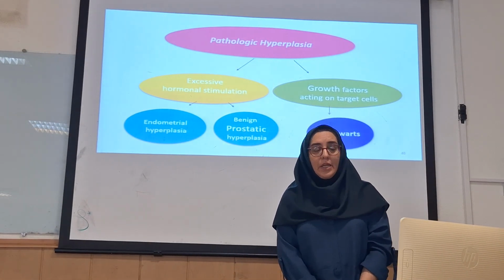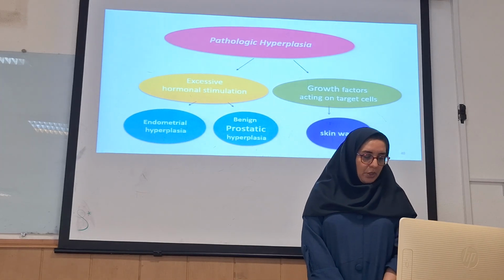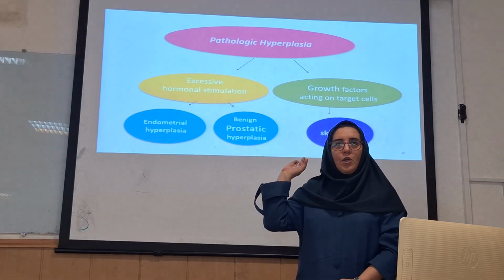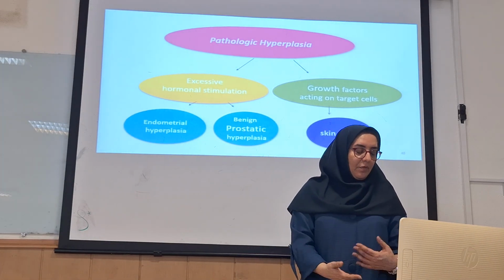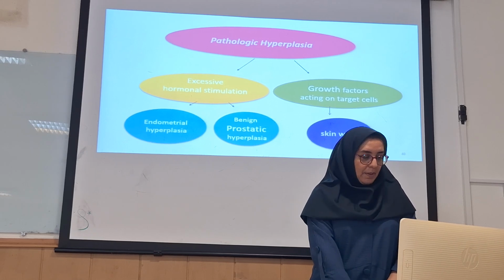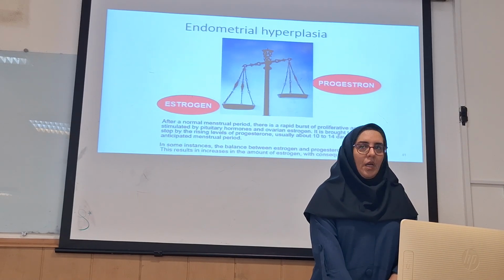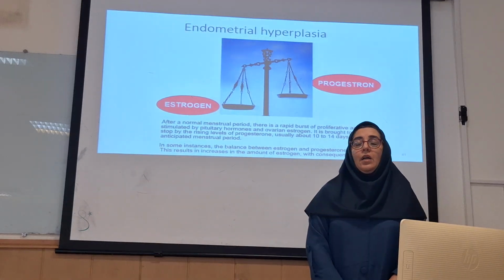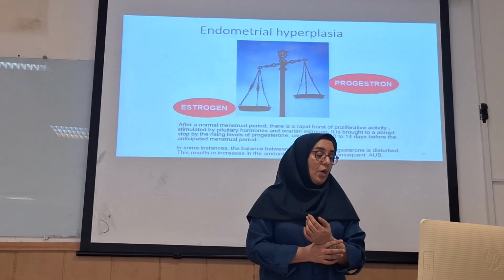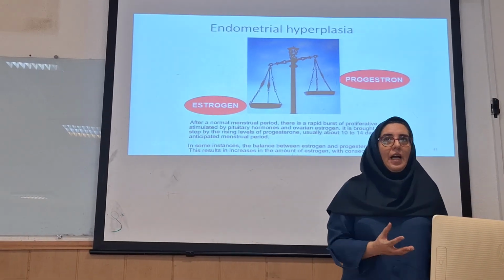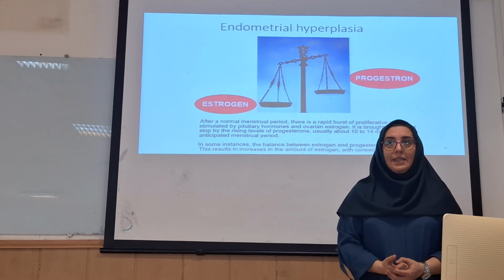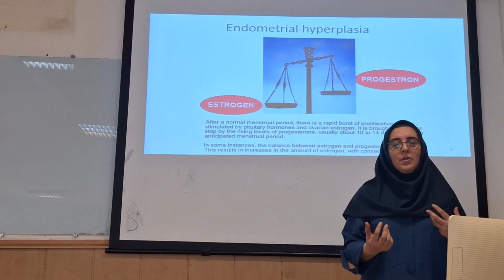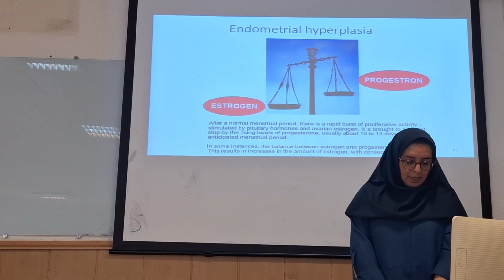problems in urination and stopping urination, and activation of some growth factor, for example, after viral infection, such as skin warts. Endometrial hyperplasia is a good example of pathologic hyperplasia, when we have too much estrogen relative to progesterone, an imbalance between estrogen and progesterone.